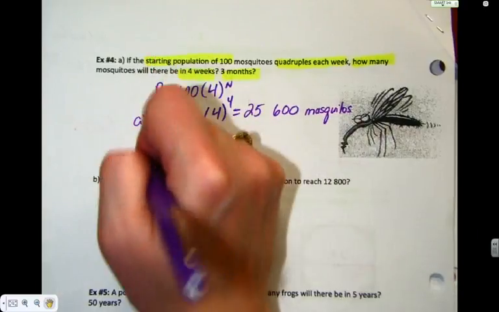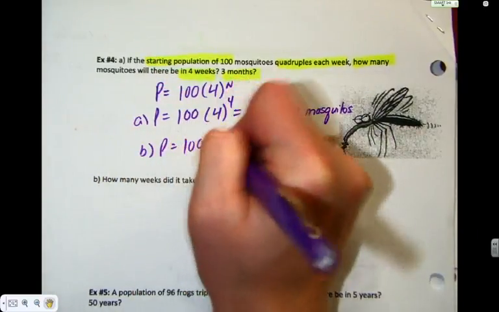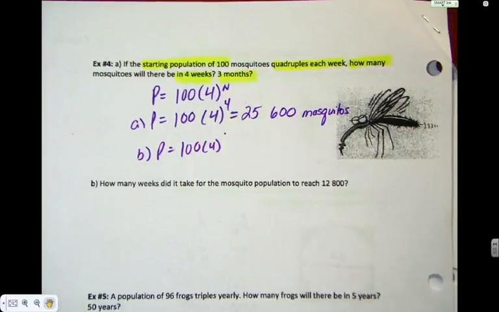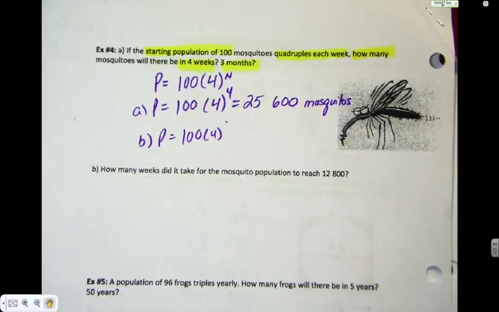Okay, so that was the first part. Second part's going to ask for 3 months. How do we convert months to weeks?